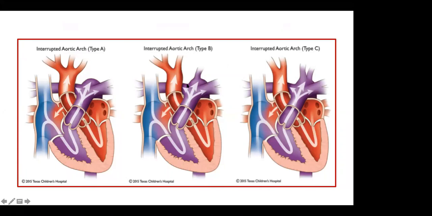But you can see, if you measure the saturation on the left arm, it's not accurate, because the left subclavian artery might come from the normal ascending aorta, as in the left-side cartoon, or it might come from the ductal arch, as on the right side, or in the middle. So you might have low saturation in the left arm. So usually we depend on the right arm, unless you also have an aberrant right subclavian, which is very rare in this case.